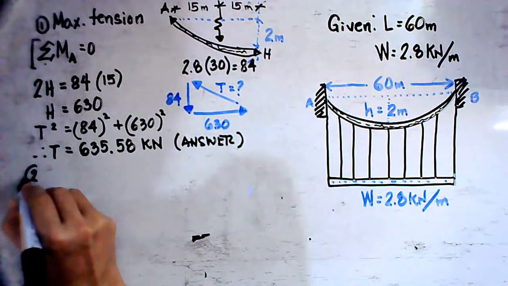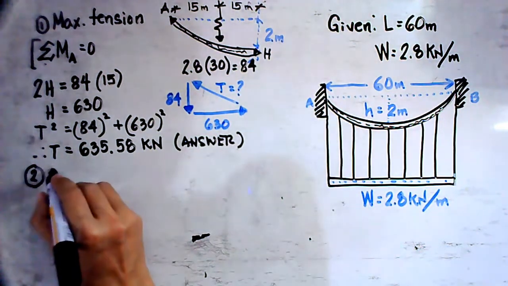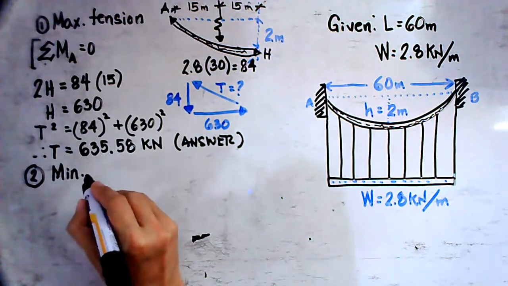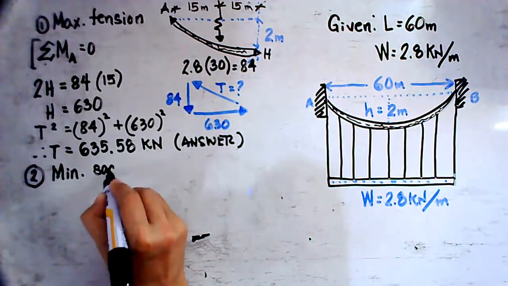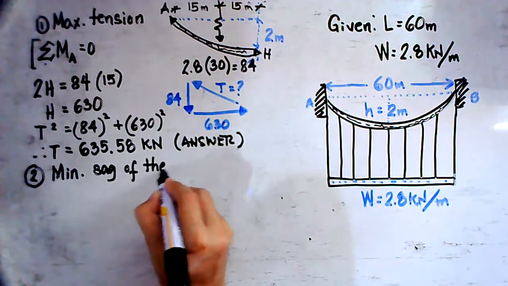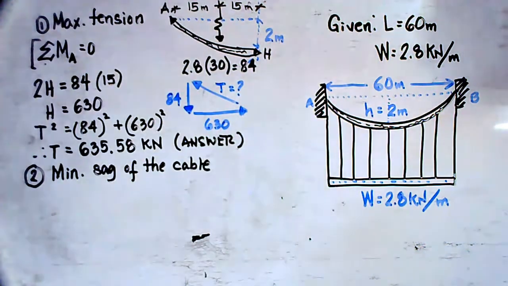Now let us go to the second question. The second question is, what is the minimum sag of the cable? So we need to determine the minimum sag of the cable. And how do we represent the sag?